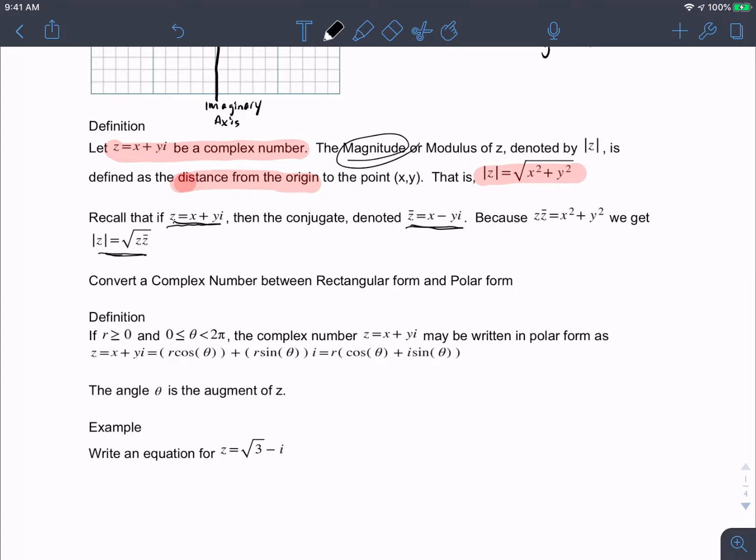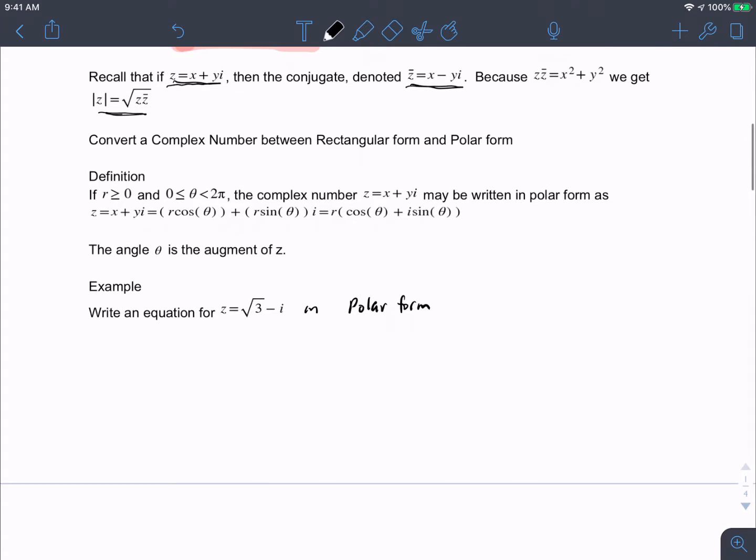In this example, we want to change it so that it goes into the polar form. I must have not typed that, so just so you guys know, I'm trying to put it in the polar form. And so to get it in the polar form, I'm going to plot this so you guys can find it.